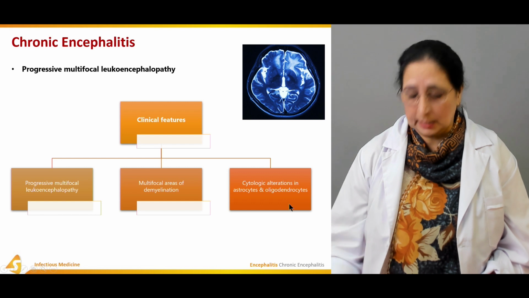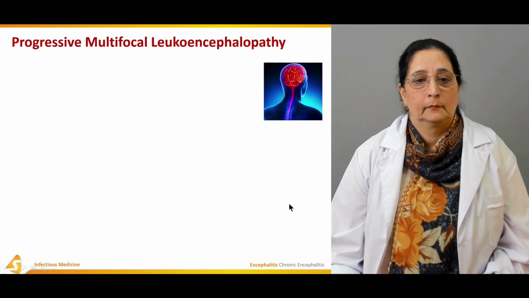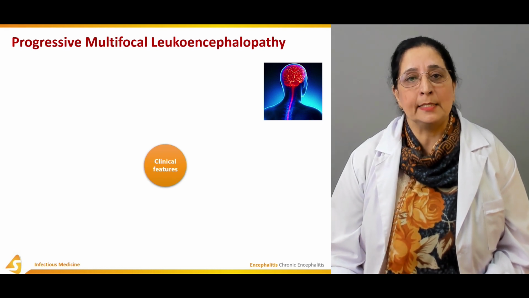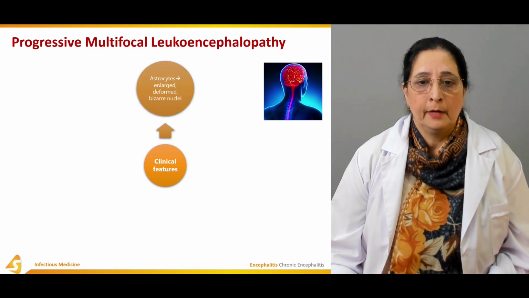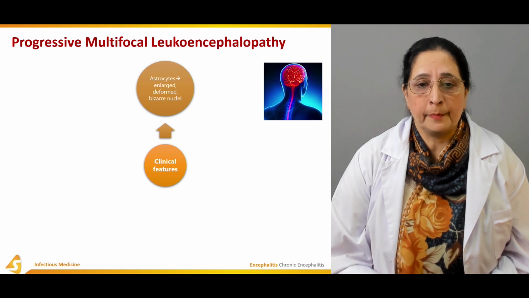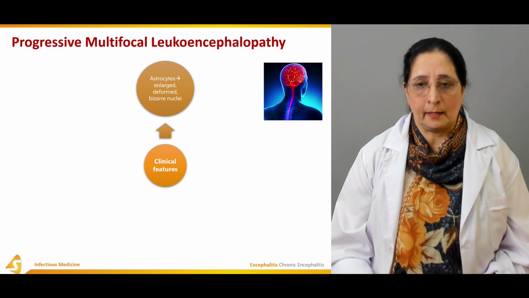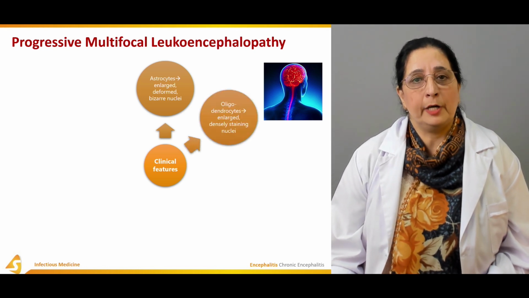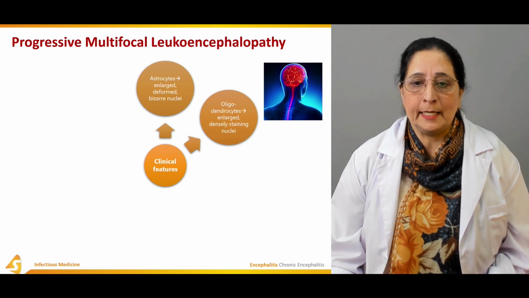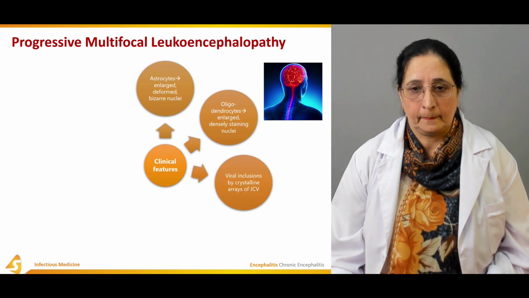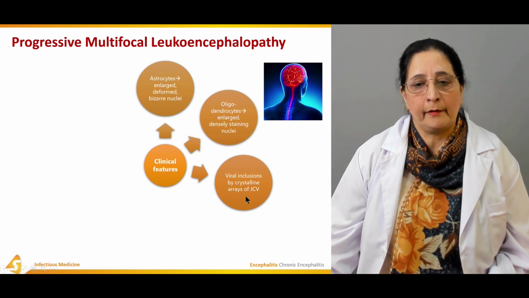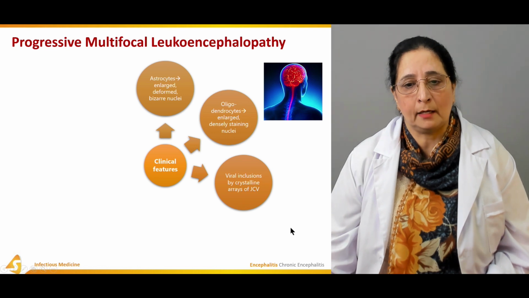In progressive multifocal leukoencephalopathy, the astrocytes become large, deformed, and bizarre nuclei are present. Oligodendrocytes are again enlarged, with densely staining nuclei. Then viral inclusions by crystalline arrays of JCV are present.